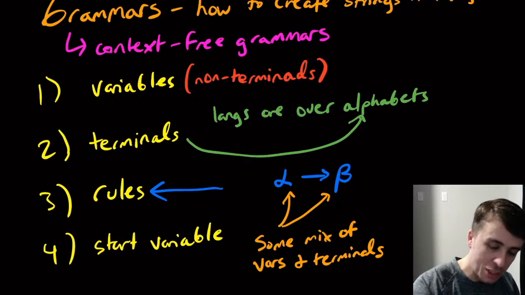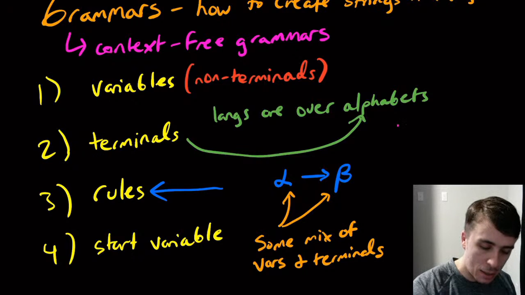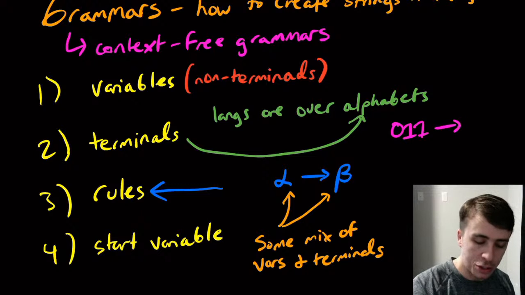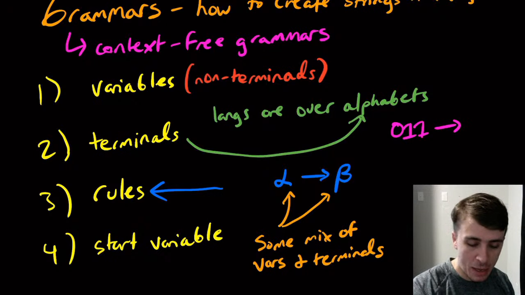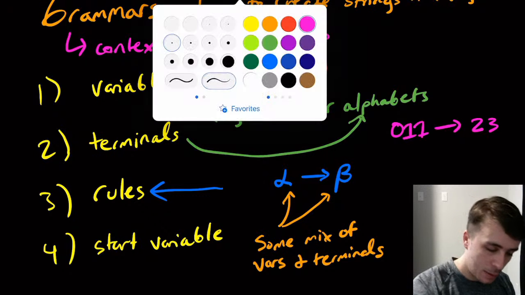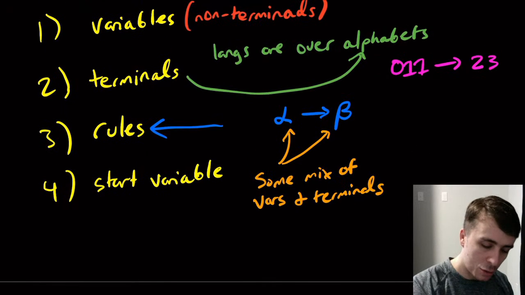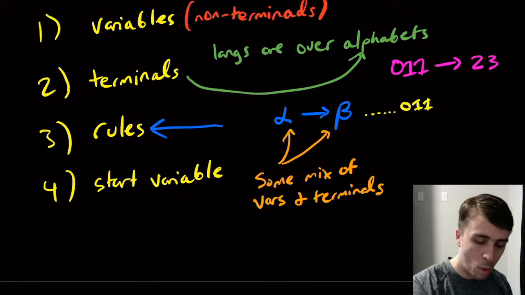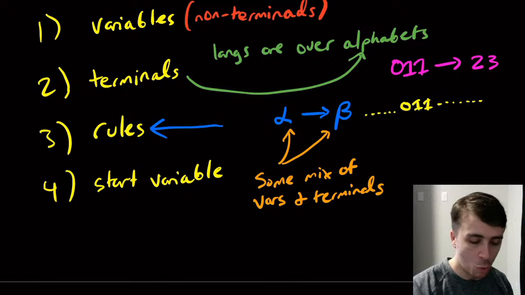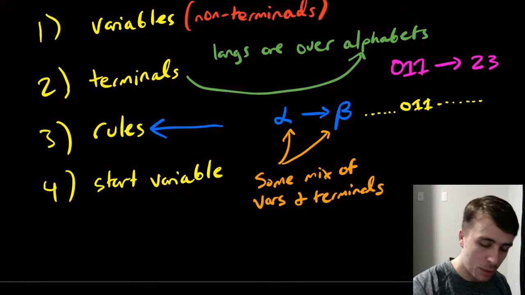So for example, if I have 0, 1, 1, replace and then arrow with 2, 3, or something like that, then I'll depict it this way. Anytime we see a 0, 1, 1 in something that we're working on right now, something that we're computing, then I can replace this.